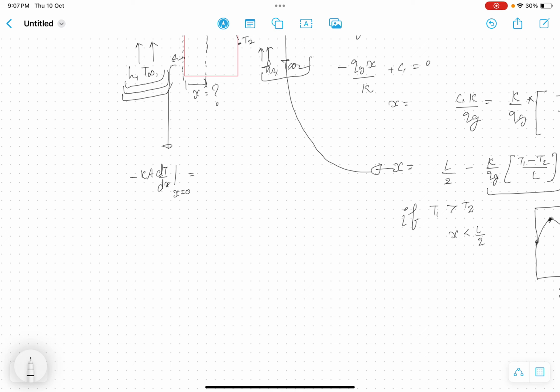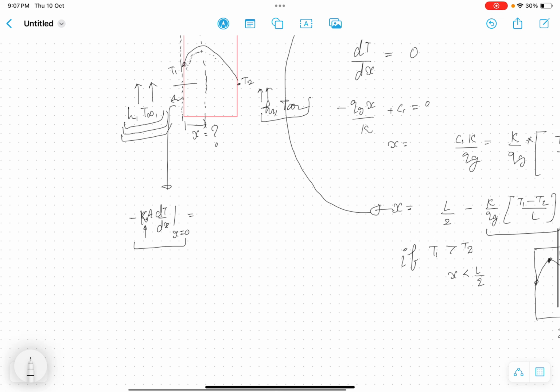This is the thermal conductivity of the body, and that heat conduction will be taken away by the fluid, so it will be h1A times (T1 minus T infinity). We know the temperature profile, so we can find dT by dx at x equal to 0.